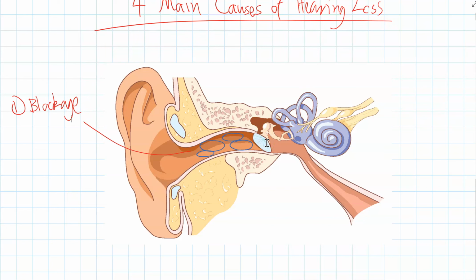The other type of cause is simply old age. And that causes the hair cells in the cochlea to die off, and then we actually can't process the hearing as well. So that affects the cochlea. We can also have trauma.